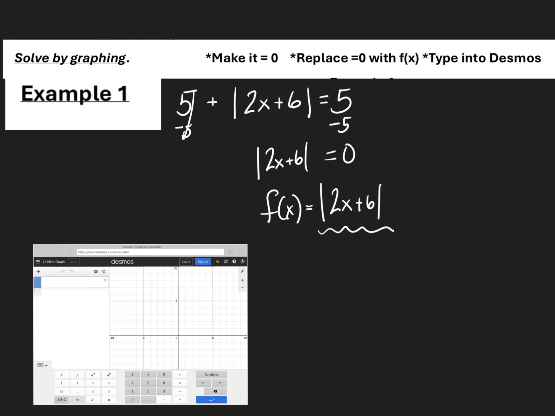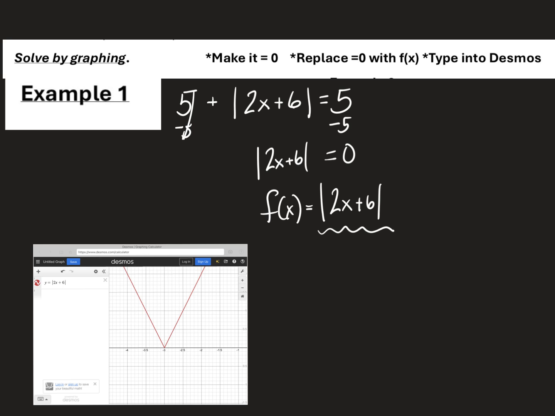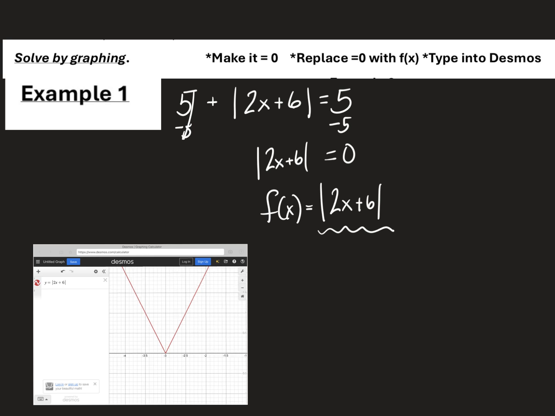I'm going to type y equals the absolute value of 2x plus 6. And remember, my solution or solutions is where the graph crosses or touches the x-axis. So when I look at this, the graph just touches the x-axis at -3. So my solution set for this equation is -3.